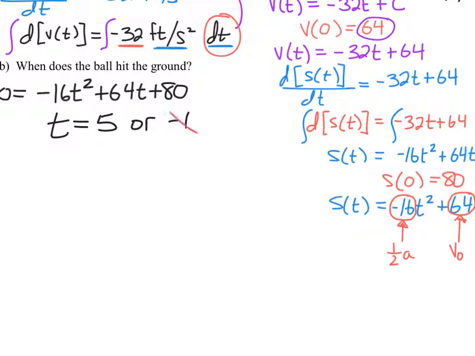I'm going to toss the negative 1, so therefore 5 seconds after launch. I don't know, I'll say launch. If you're not allowed to use a calculator for this, then, you know, GCF and go that route. But where you can, take advantage of these resources because you're allowed to use them, so why wouldn't you?